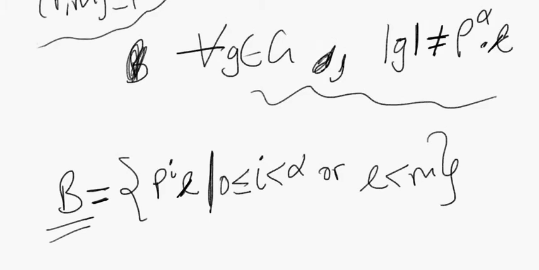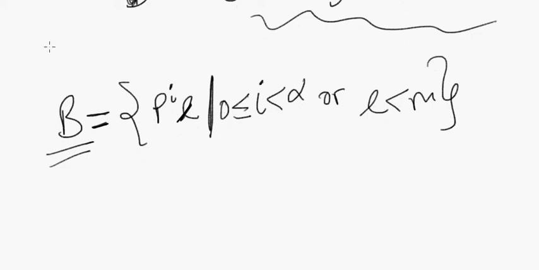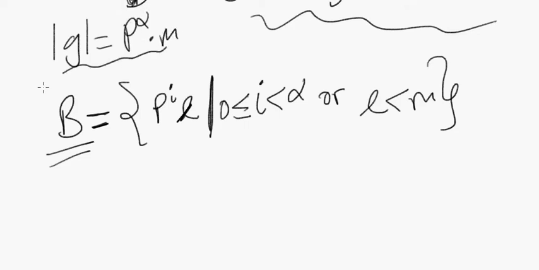Let's put it this way. It's pretty clear that if we had some element little g in G whose order was just p to the alpha times m, we would be done. Wouldn't this show us that there must exist an element of order p to the alpha, because m is a divisor of m?